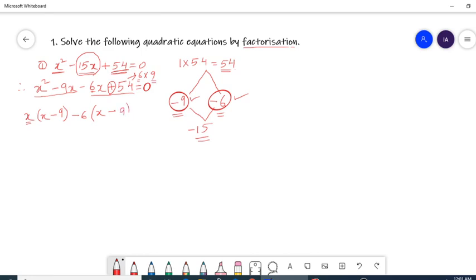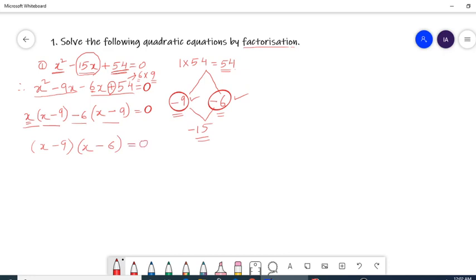So here you can take 9 equals to 0. Since these two factors are same, you can write them once, that is x minus 9 is one factor, and this x and minus 6 will give you another set of factors. So here I can take x minus 6 equals to 0.